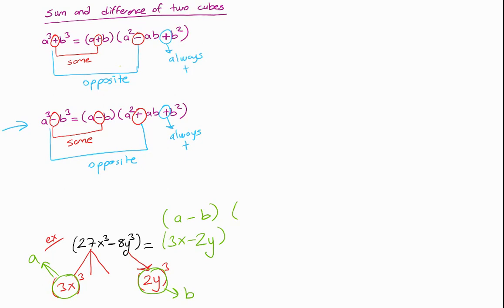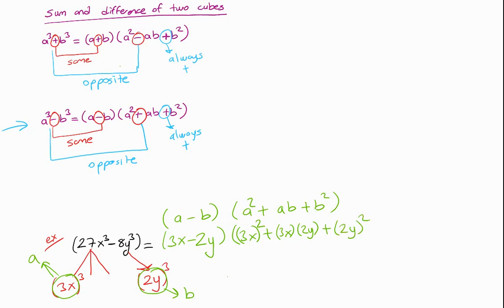Let me write the formula on the top so I can understand: plus b squared. What is my a from this example? 3x. So I will square 3x, plus a and b. My a is 3x again, and my b is 2y, plus b squared, which means 2y squared.